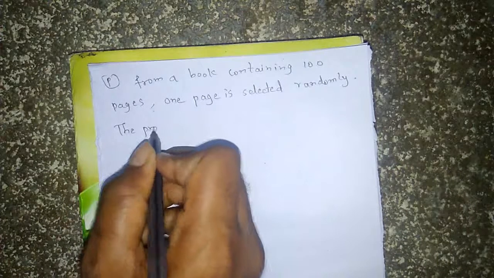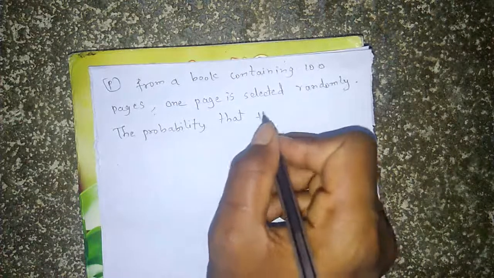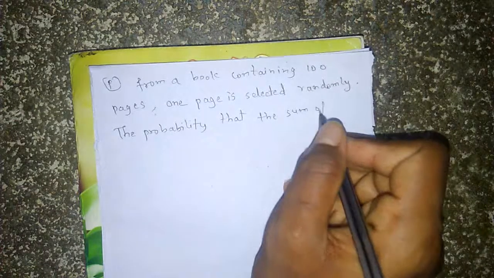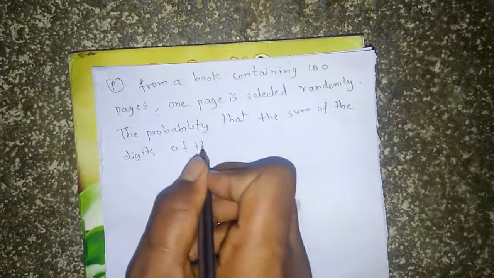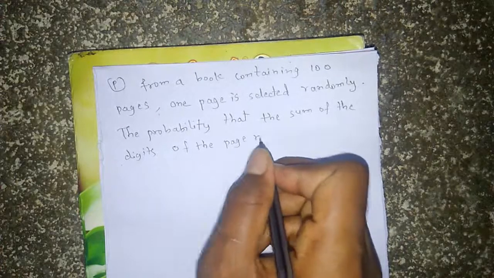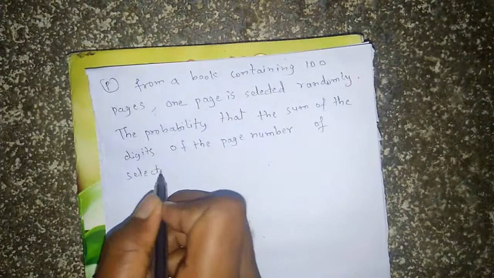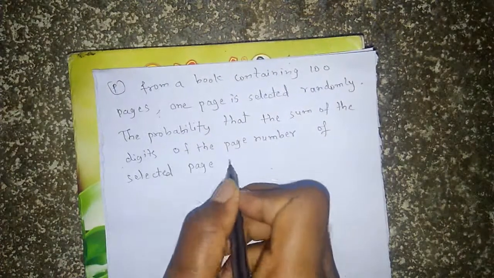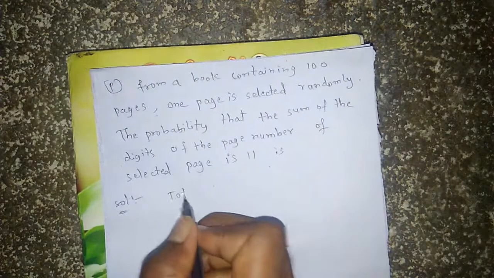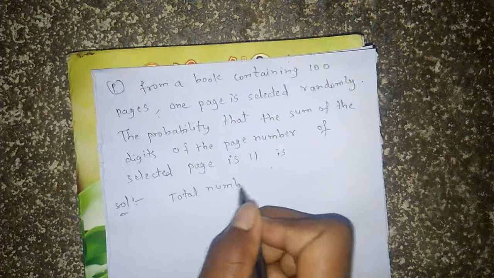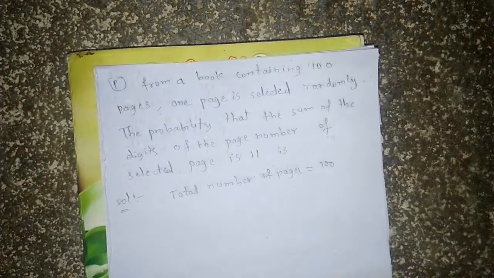The probability that the sum of the digits of the page number of the selected page is 11 is, so total number of pages is equal to 100.